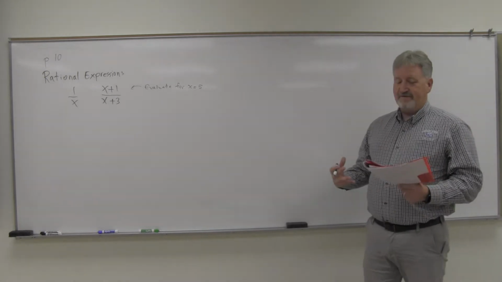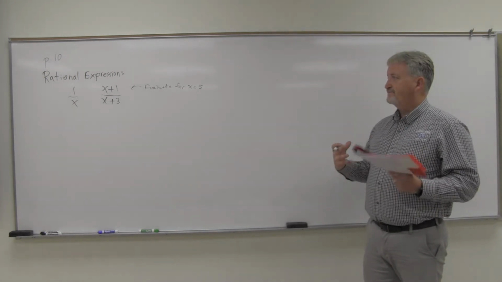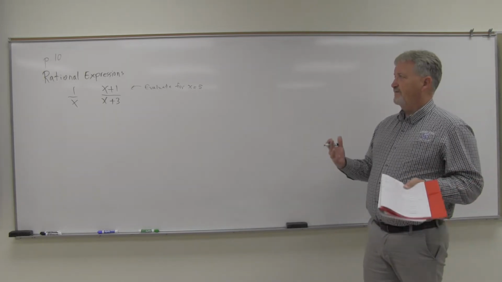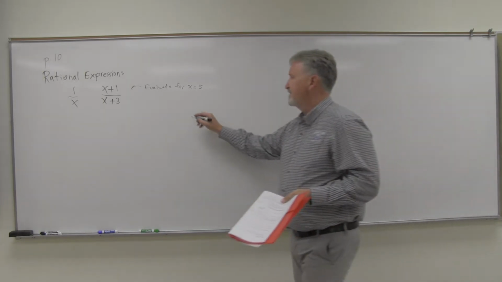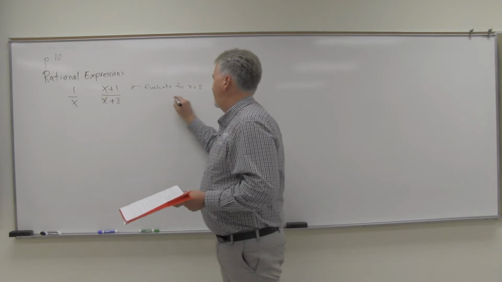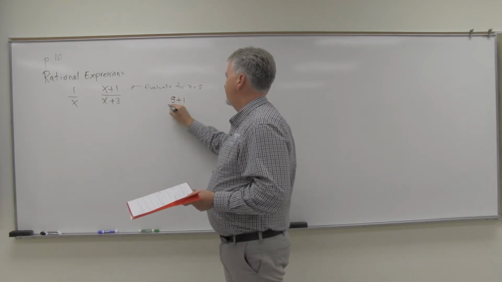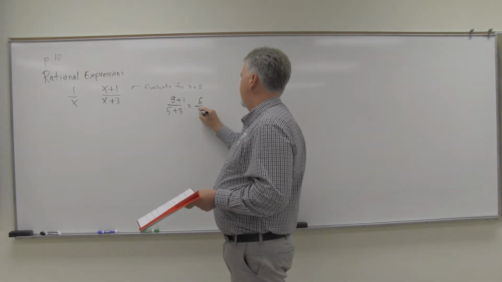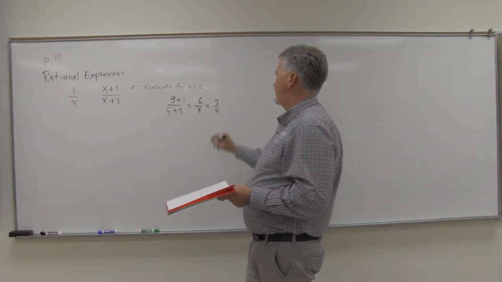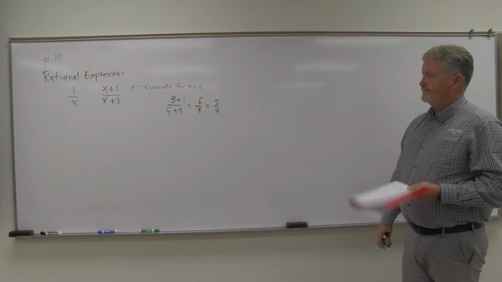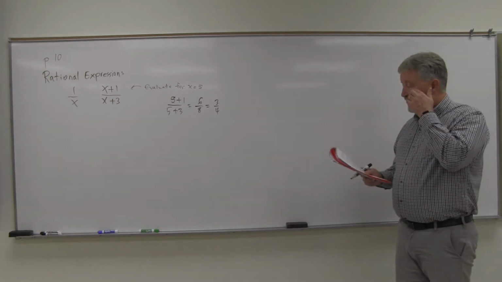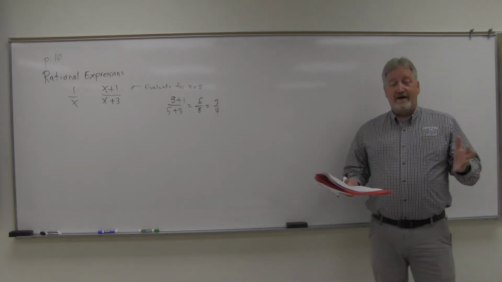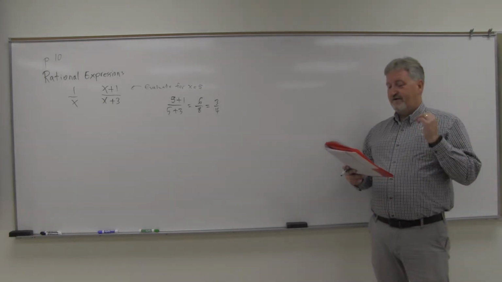Well, there's an exception that we'll talk about in just a second, but we can plug in any number, and so if it's evaluate for x equals 5, that just means you plug in x to be 5. So you got 5 plus 1 over 5 plus 3, pretty simple there. So you got 6 over 8, which reduces to 3/4. You can plug in any number, except there is a restriction.